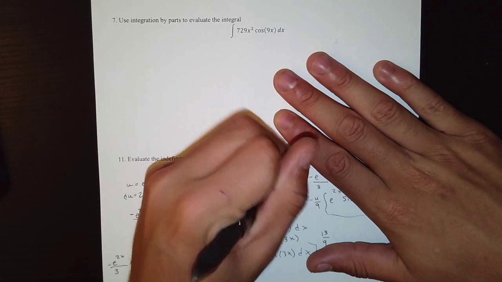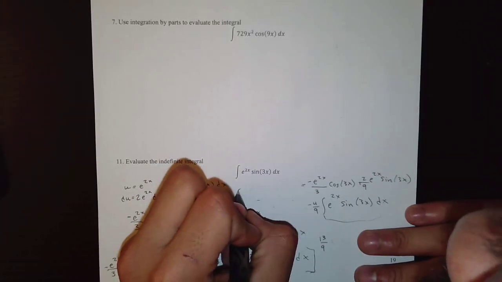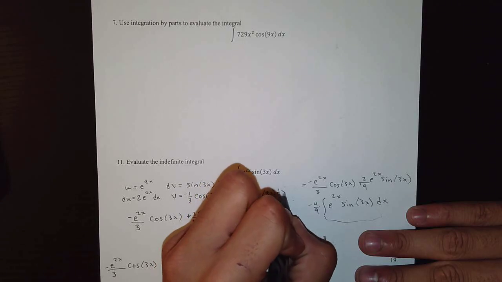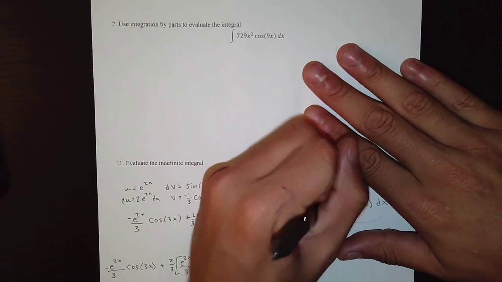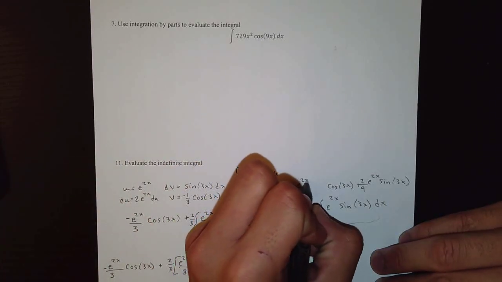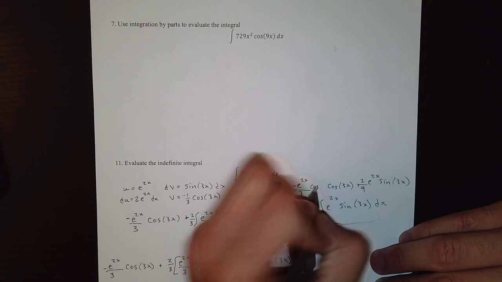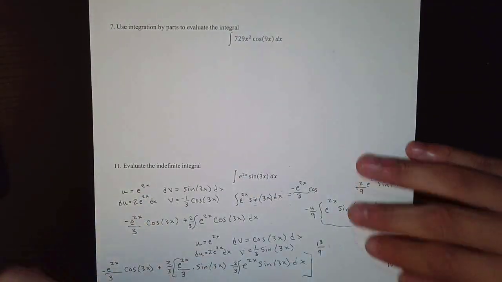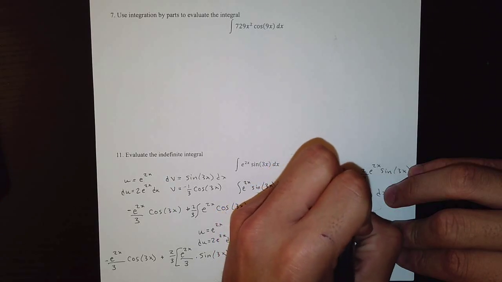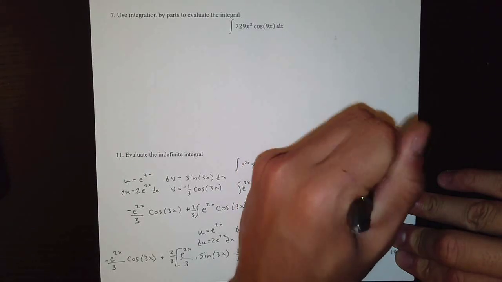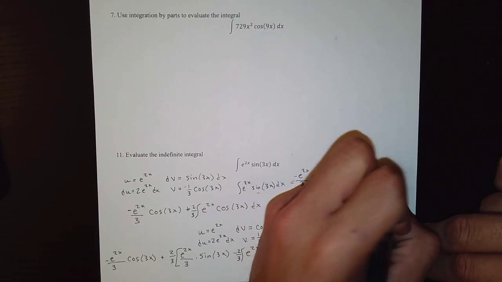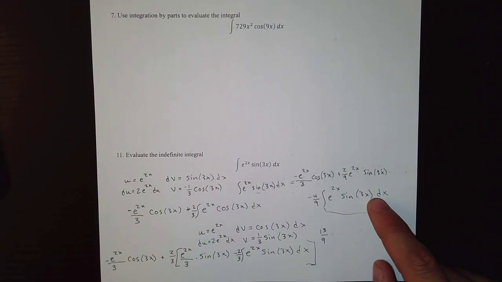So let's just rewrite this a little neater over here. So we have the integral of e to the 2x sine of 3x dx equal to negative e to the 2x divided by 3 cosine of 3x plus 2/9 e to the 2x sine of 3x minus 4/9 of this quantity.